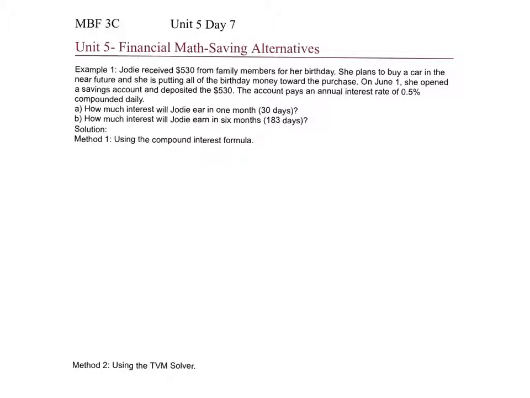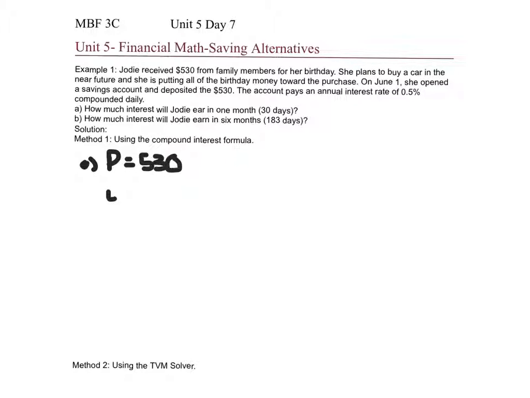This is just looking at the difference in days and how much actual interest you're earning on some of these elements. Okay, so let's look at question A here. We know that the initial amount deposited is $530. We know that the compounding periods is 365 days.